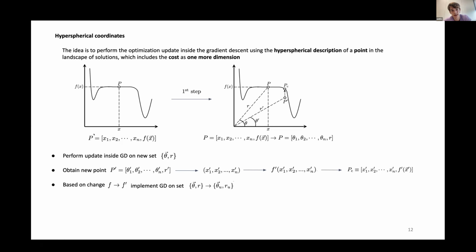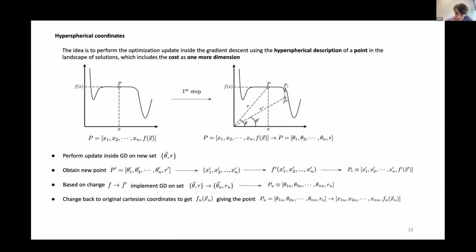The good thing is that since you now have a new updated version of your cost function, you will be able to generate the iterative procedure in order to update again the hyperspherical variables themselves, so that you can generate an updated point, and again, in an iterative procedure, change your cost function.